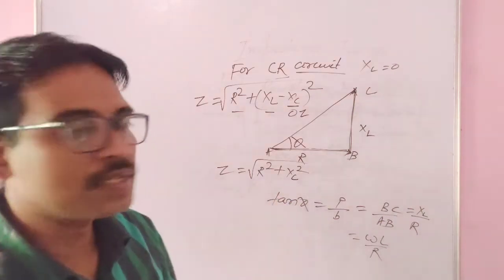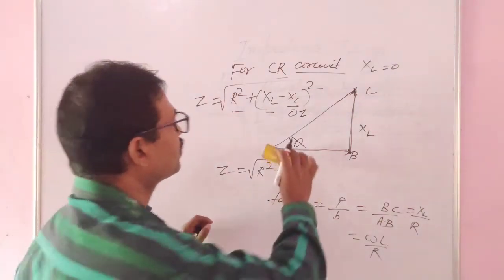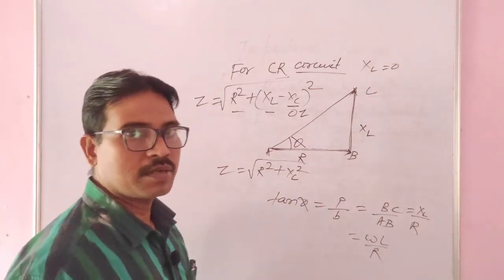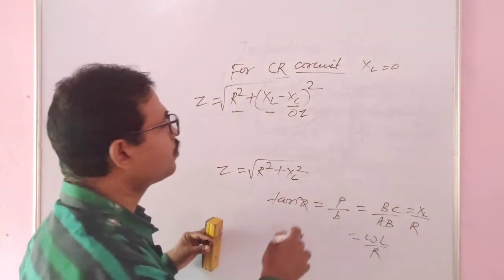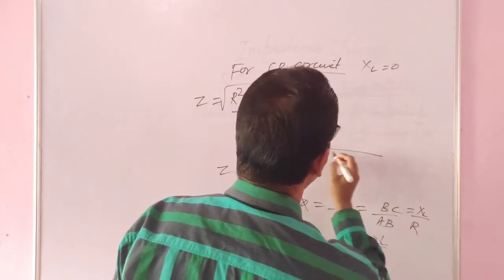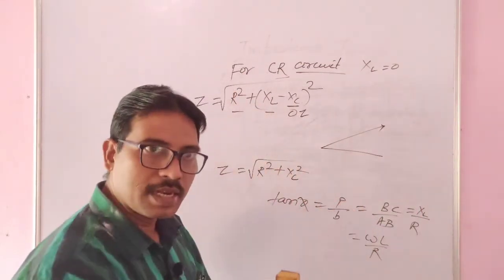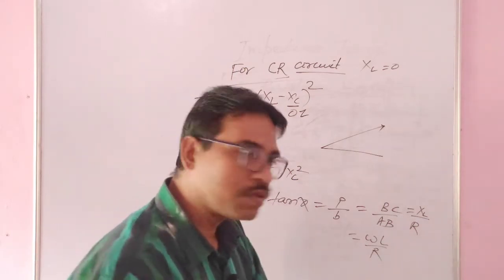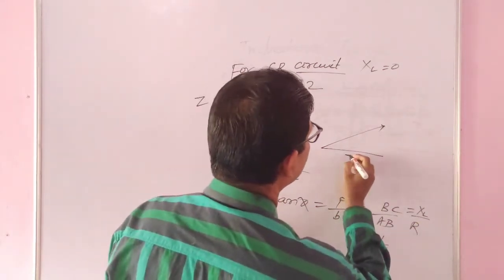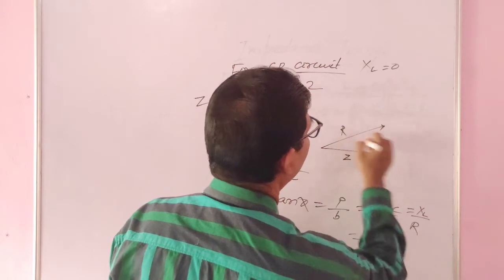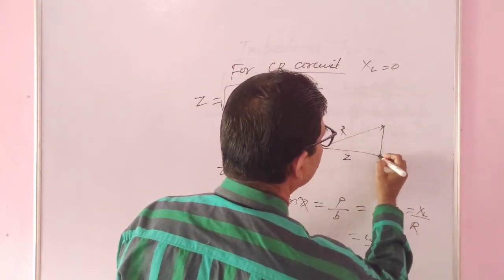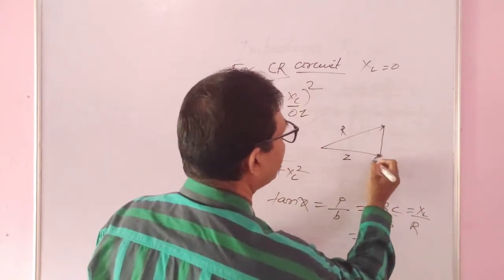But now there is some variation, as XL and XC are opposite to each other. So it becomes Z, it becomes R, and the direction of this one is in this case. This is the impedance triangle for a CR circuit.